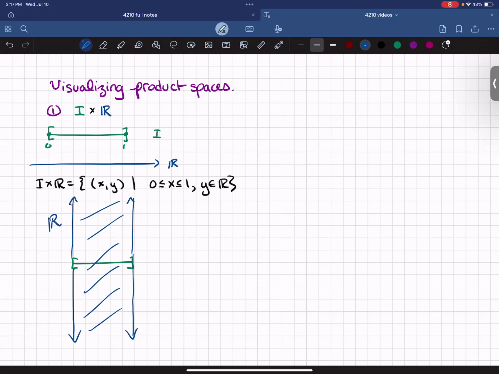So this is my reals, and this is my I down there. And then if you think about any point that I might want to look at here, if I take a point right here, x comma y, I could think, okay, the first coordinate comes from somewhere in the interval, and then the second coordinate is a real number. Okay. So you can think of I cross R as being this sort of infinitely long strip of paper, right, of width 1.